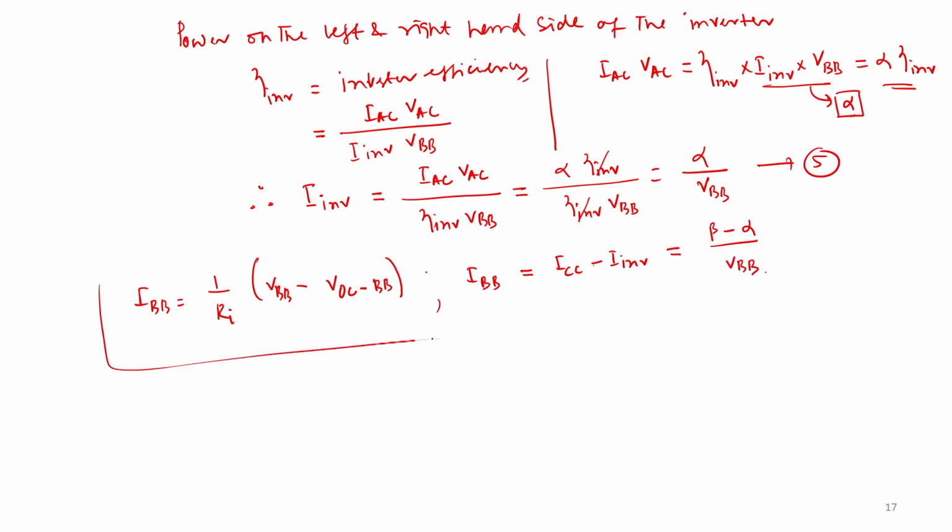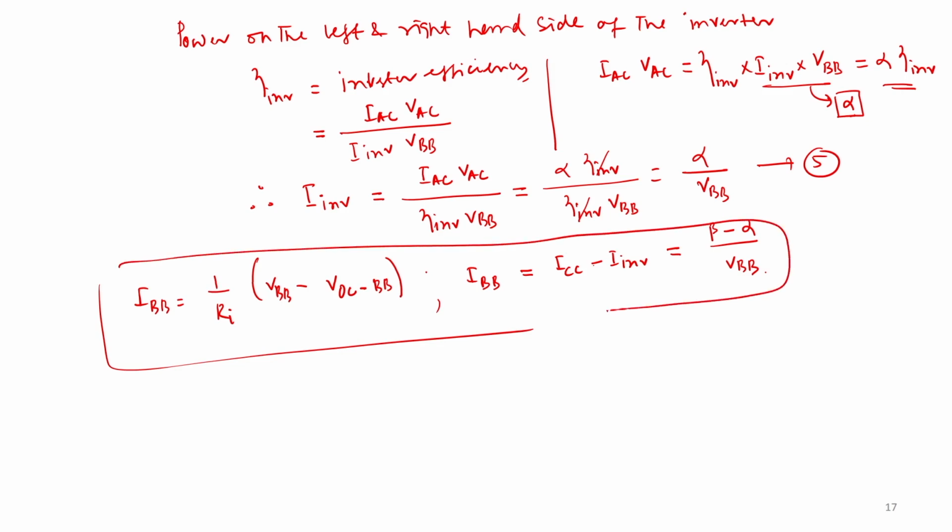So, these two expressions we can use for further derivation, and here if we see in this expression, what will happen if alpha is 0, and what does it mean? It indicates no load is present, right.